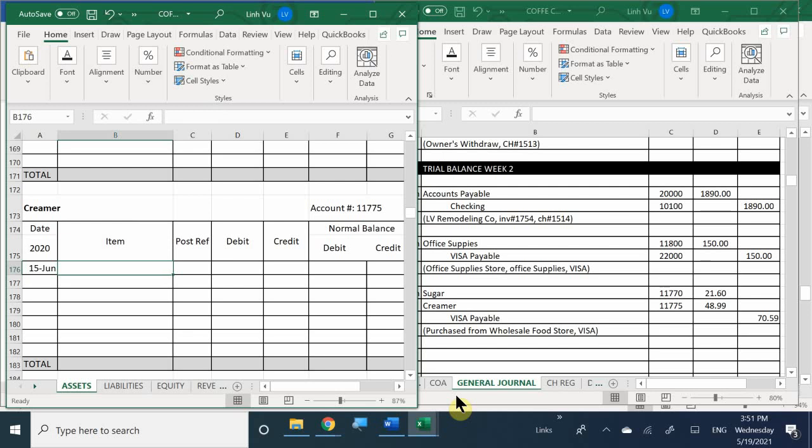Journal 5. What did you put in the notes? Purchase 3 cases, 12 packs at $16.33 per case.